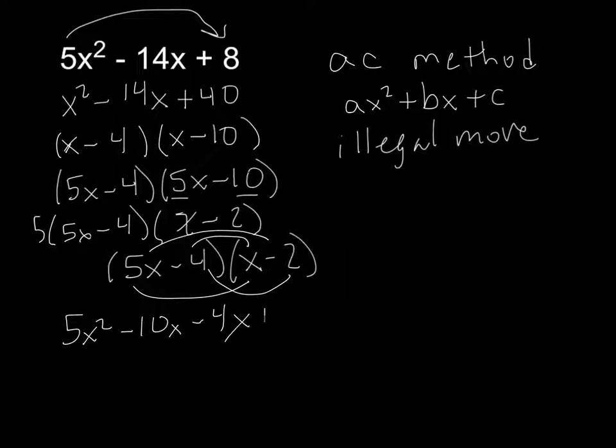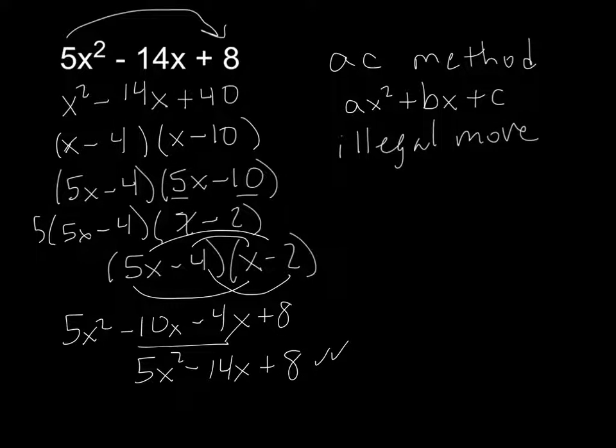And last, I get a positive 8. I would combine the like terms here, and I would get a negative 14x for my b term there. So it does double check as factoring back to that. So this is my final answer, which does match the answer we got from the other one without having to list all those different factors off to the side.